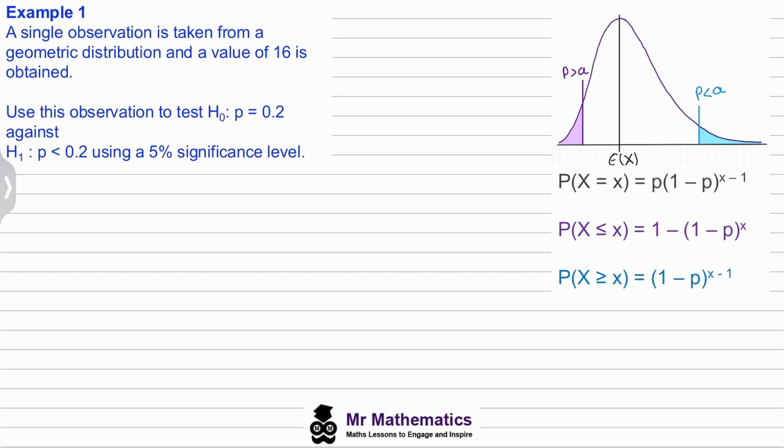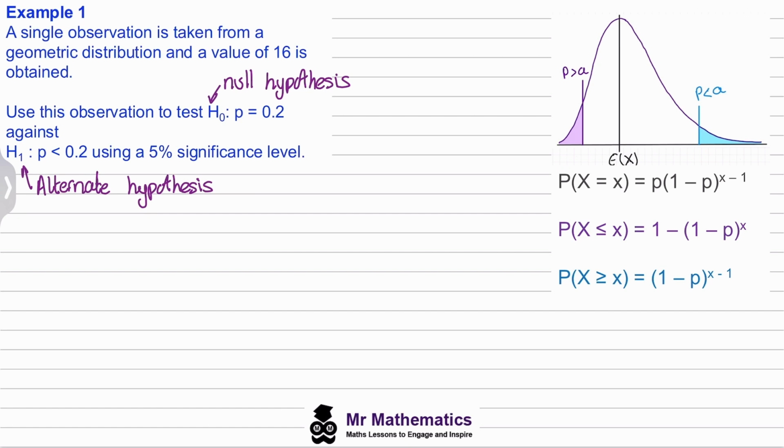So we're told in example 1 that a single observation is taken from a geometric distribution and a value of 16 is obtained. We've been asked to use this observation to test H0, and we call this our null hypothesis, that the probability of success p is 0.2, against our alternate hypothesis H1 that p is less than 0.2, using a 5% significance level.